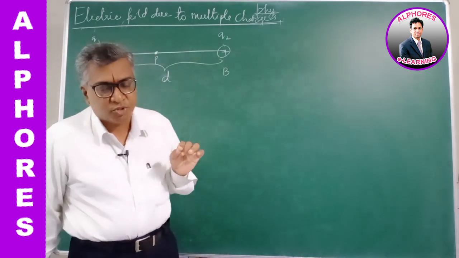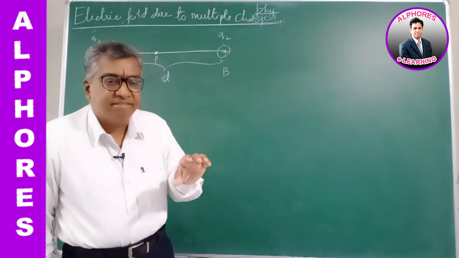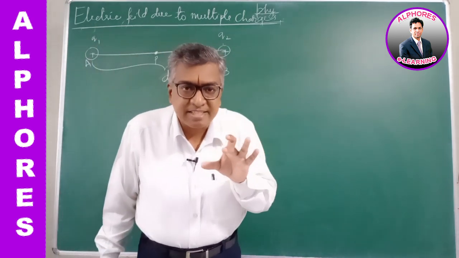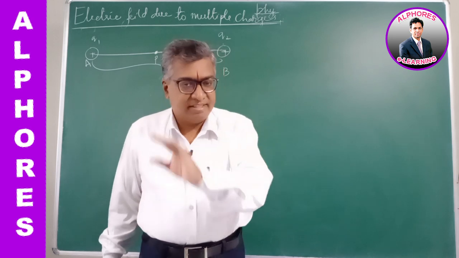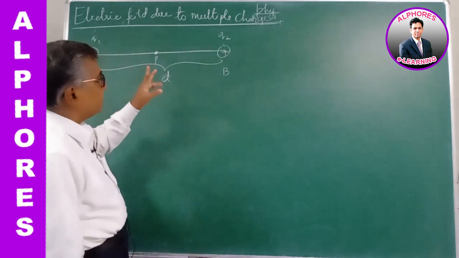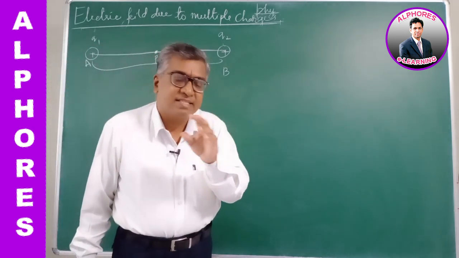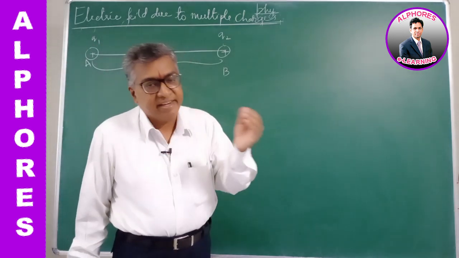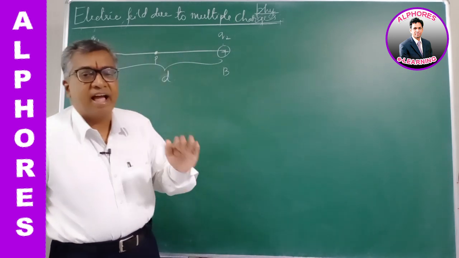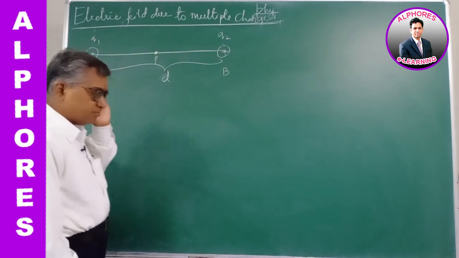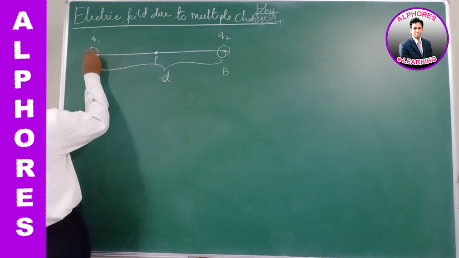According to the principle of superposition, the resultant electric field is the vector sum of all the individual electric fields. First make out how many charges there are: two charges. So you have to find the electric field due to the two charges separately, magnitude and direction, then add vectorially.